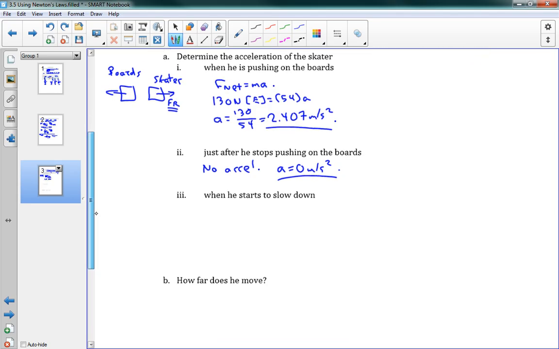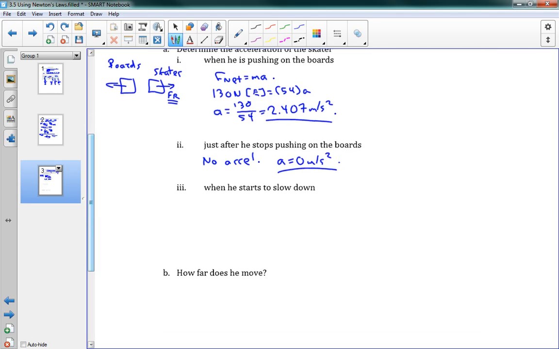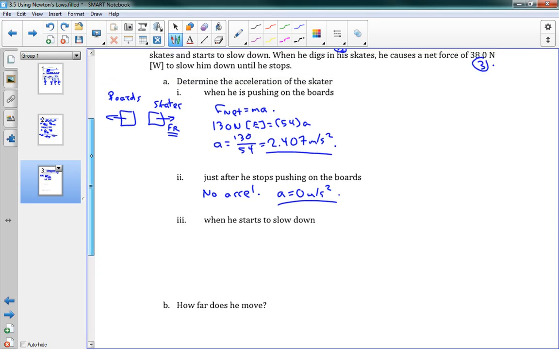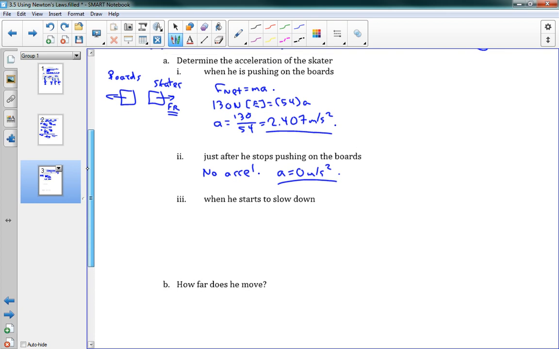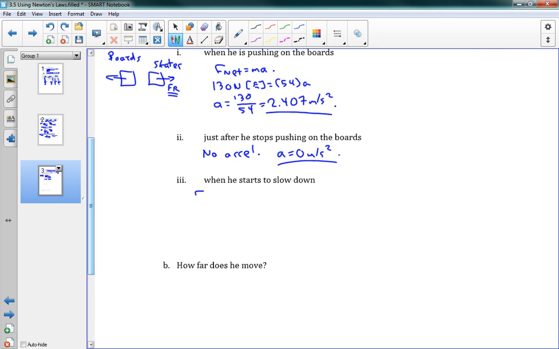Done. And when he starts to slow down, we're told that he digs in his skates, causing a net force of 38 newtons west. So, F net equals ma. Always a good place to start.